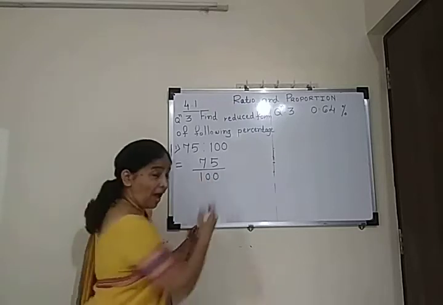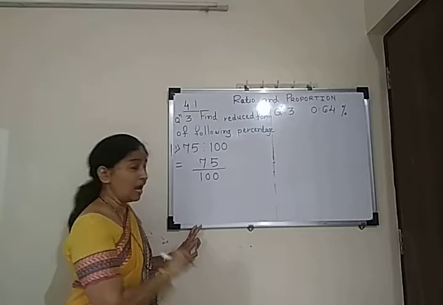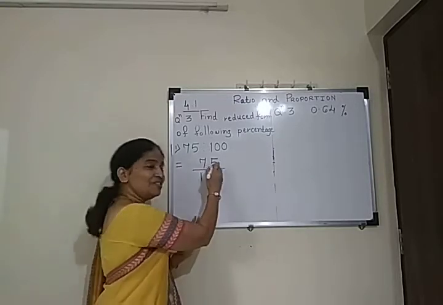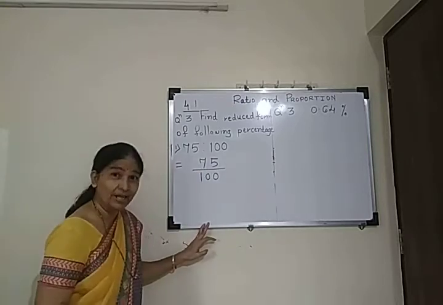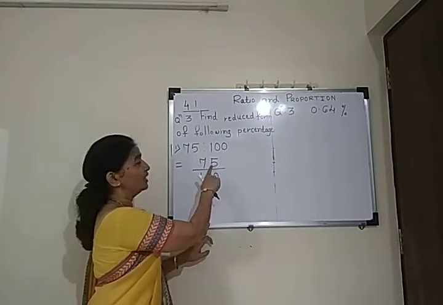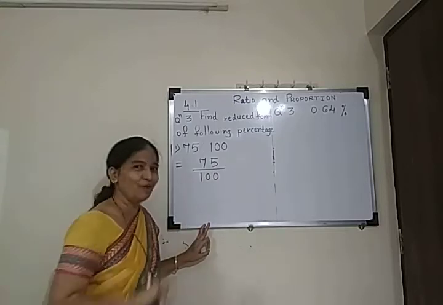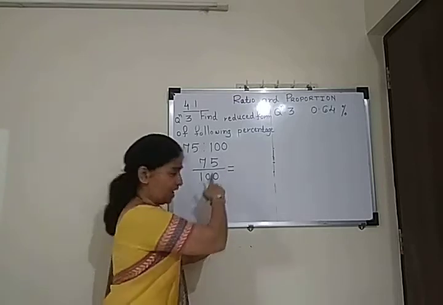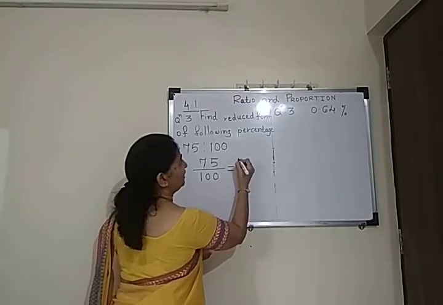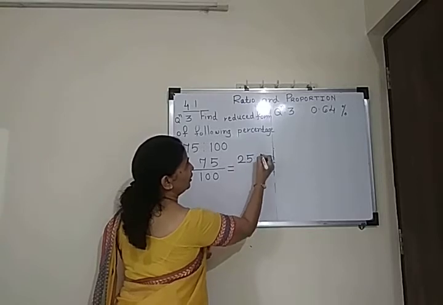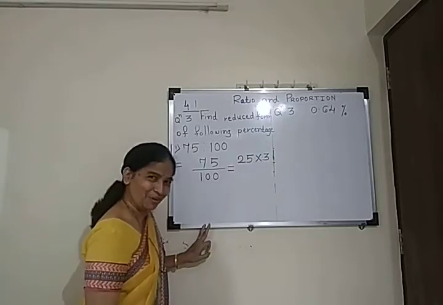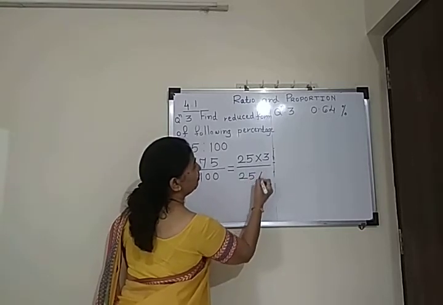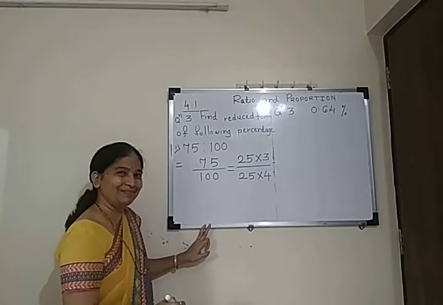Now as I told in the last period, I have to reduce it, meaning I have to divide by the same number in the numerator and in the denominator. So, may I split this as 75 into 3 upon 75 into 4? Am I right?